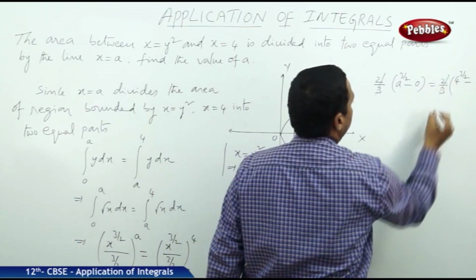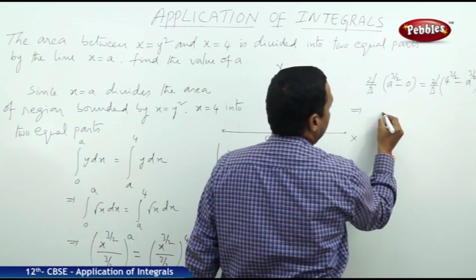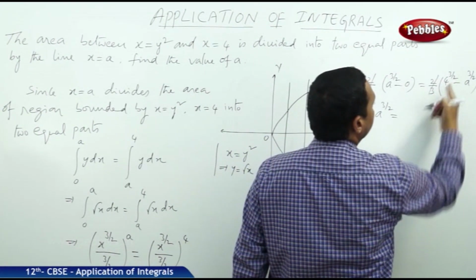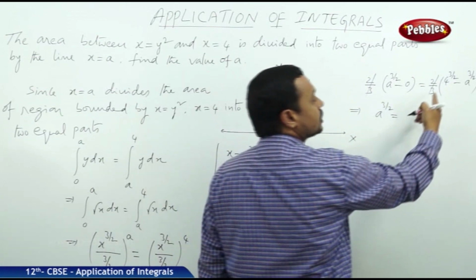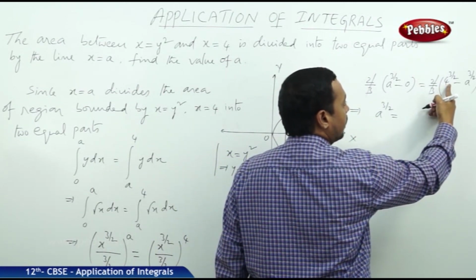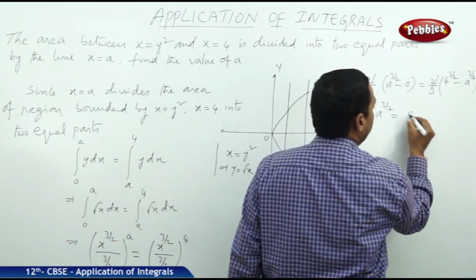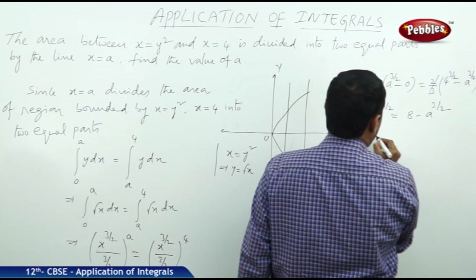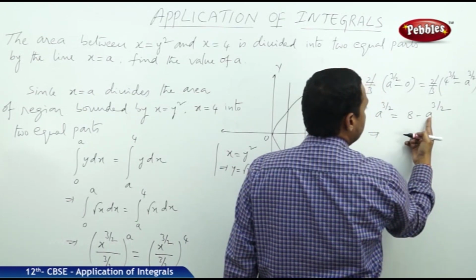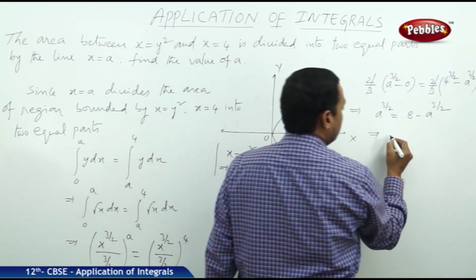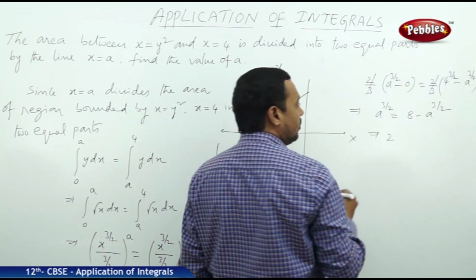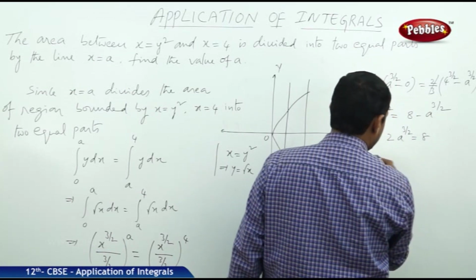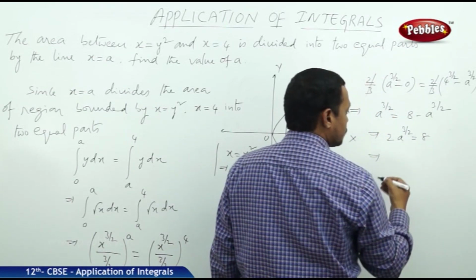Now clearly 2 by 3 gets cancelled. It is a power 3 by 2 is equal to 4 power 3 by 2 minus a power 3 by 2. 4 power 3 by 2, we can write 4 as 2 square, now 2 gets cancelled, that is 2 cube, 8. This implies move this a power 3 by 2 to the left side. Now the left side value becomes 2 into a power 3 by 2 is equal to 8. Now 2 gets cancelled on both sides.